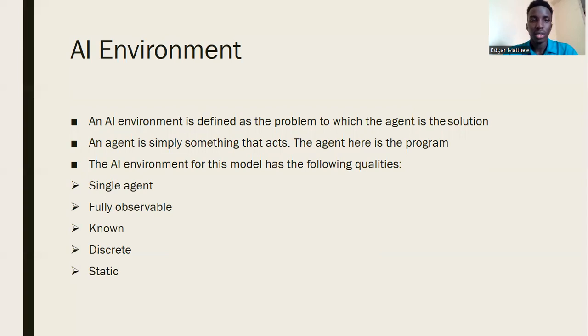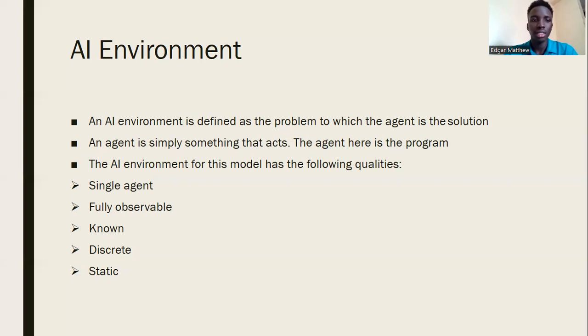The agent is that which acts. It's simply what acts in reaction to whatever it perceives from its environment. So in this case, our agent is the program that's going to be used to detect that a particular cell or tumor is cancerous.